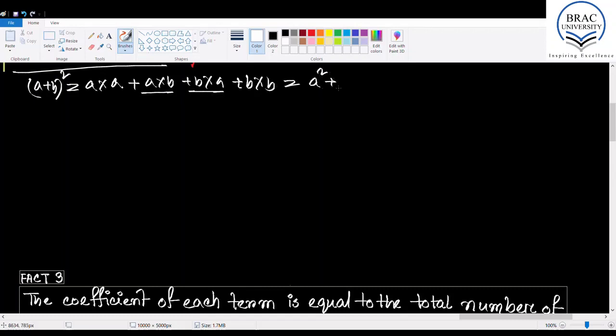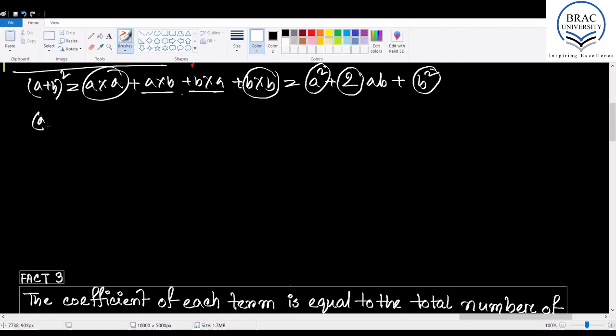And we got a square plus 2ab plus b square. ab appeared twice, so this is the coefficient of ab. How many times did b square appear? Once. So the coefficient of b square equals 1. Similarly, a square appeared once, so the coefficient of a square equals 1.